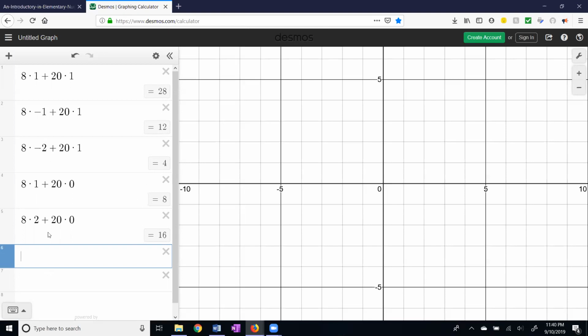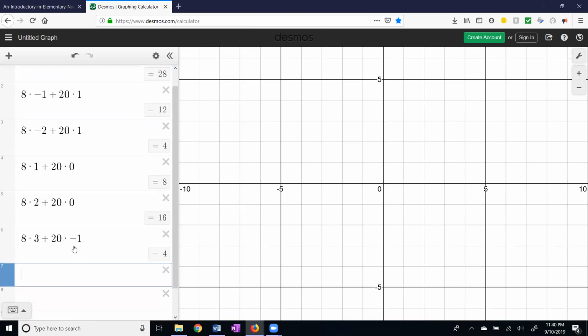So for example, let's duplicate. Let me see if I can copy this here. If I take 8 times 3, that's going to be 24 plus 20 times negative 1. Oops, sorry. I wanted a negative here and a positive here. This will give me negative 4.